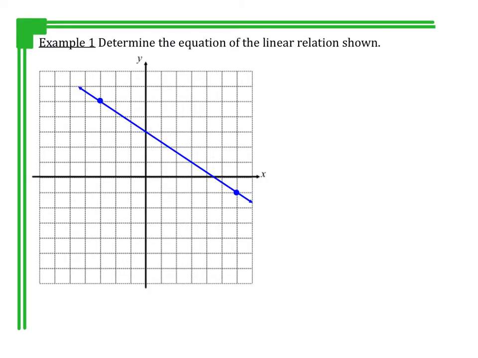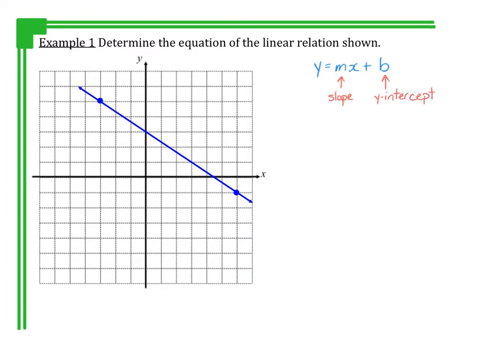So here's a question which asks you to determine the equation of the linear relation shown. Here's a line given to you. What is the equation of that line in y equals mx plus b form? In order to do this, we need to identify the slope of this line and the y-intercept of the line.